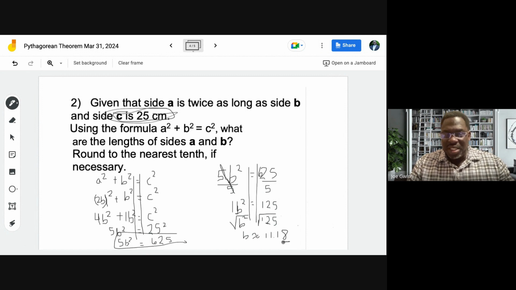This 8 tells us to take the 1 up, because 18 is closer to 20 than to 10. So we have 11.20, or 11.2. Approximately 11.2.